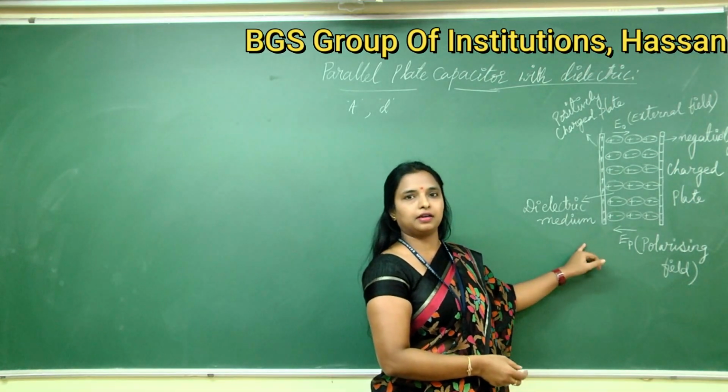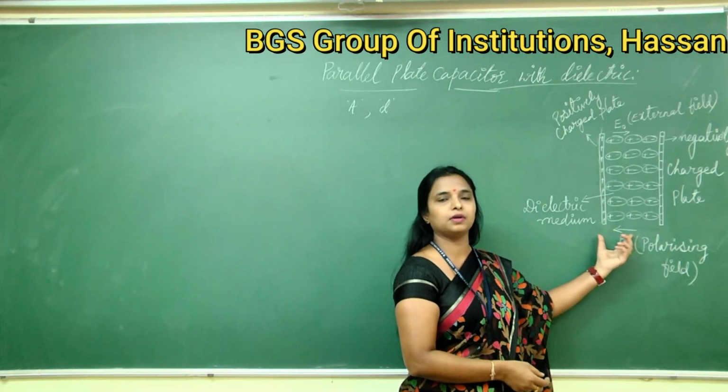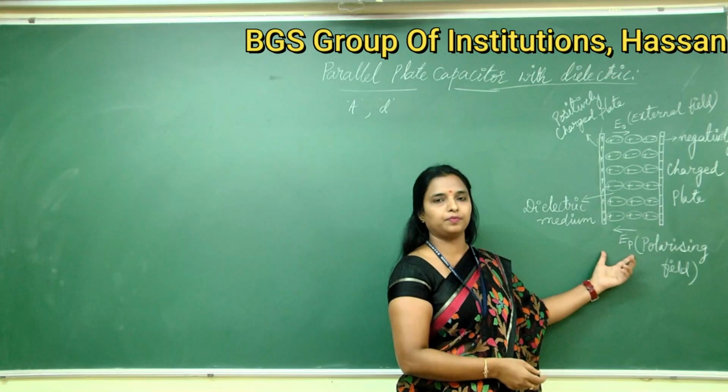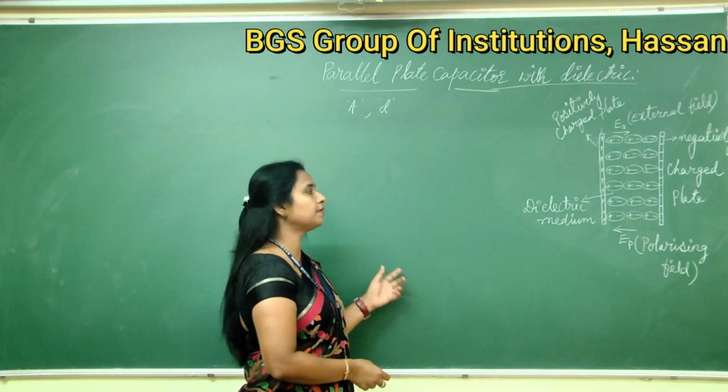The electric field between the conductors is taken as uniform since the distance between them is very small compared to the linear dimensions of the conductors, isn't it?